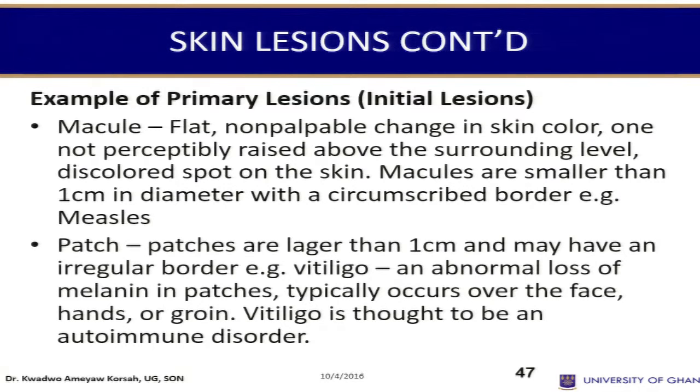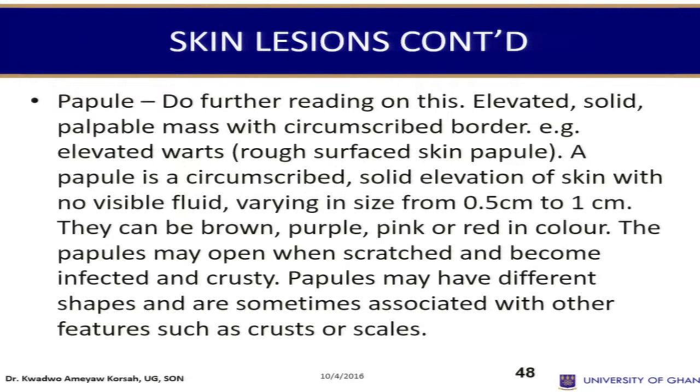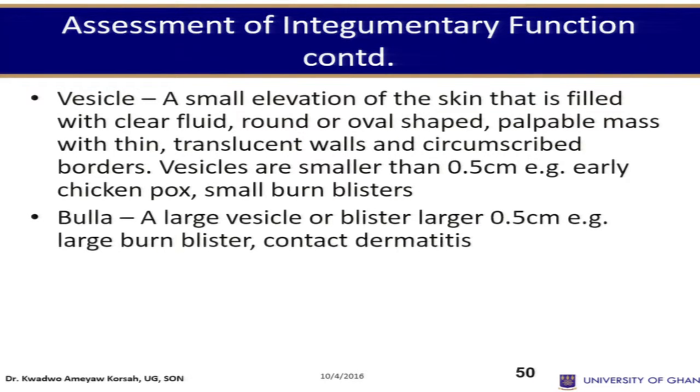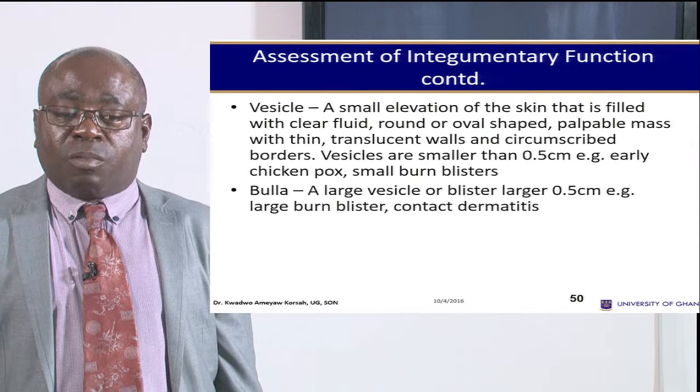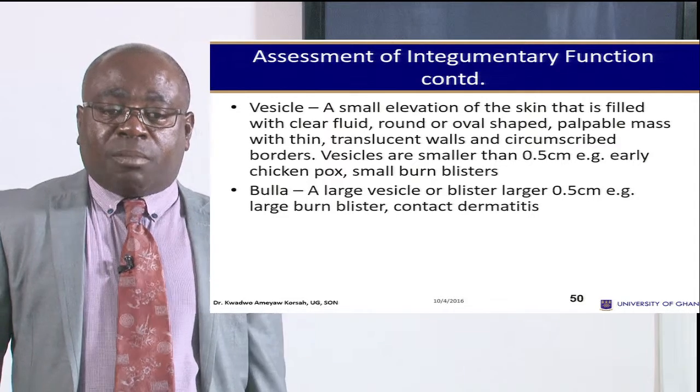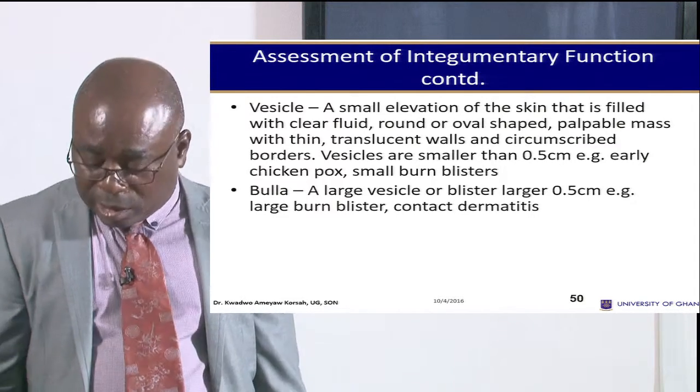Examples of primary lesions: we have the macule, patch, papule, nodule, and tumor. We have vesicles, which are seen in early chickenpox and small burn blisters. Then the bulla, which is a large vesicle or blister larger than 0.5 cm; large burn blisters and contact dermatitis are examples.